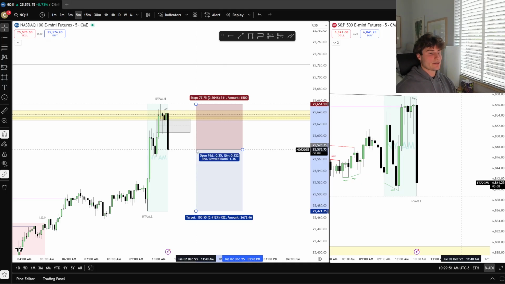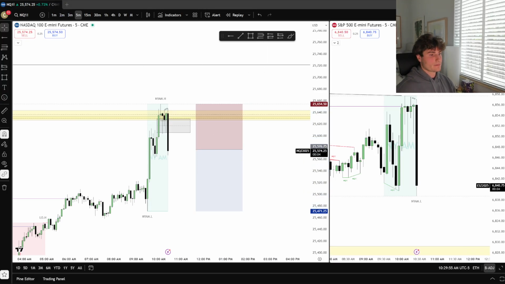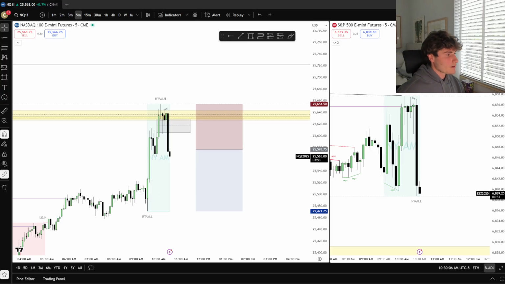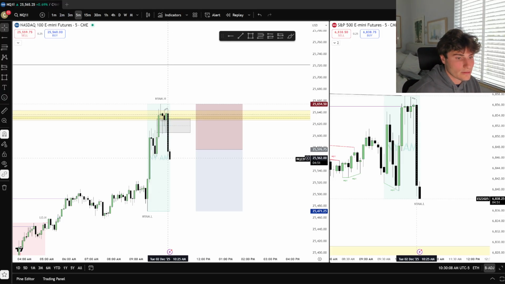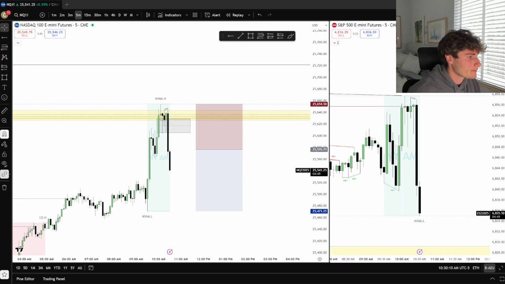Guys, size accordingly here. Size accordingly. Taking this to AM lows. Going break even at that first swing low. Okay, I'm break even.